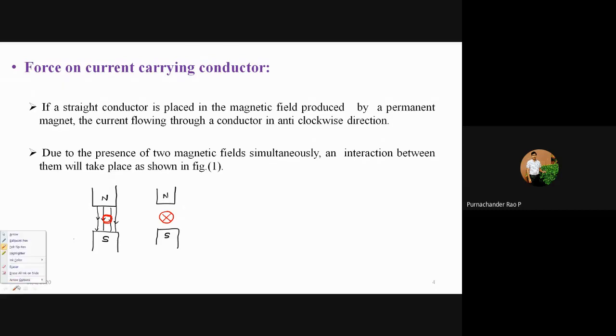So whenever this conductor carries the current, around this conductor some magnetic field is developed like this. Then what is the direction of this magnetic field? It can be obtained by the right hand thumb rule. So the direction of this flux can be obtained by the right hand thumb rule.